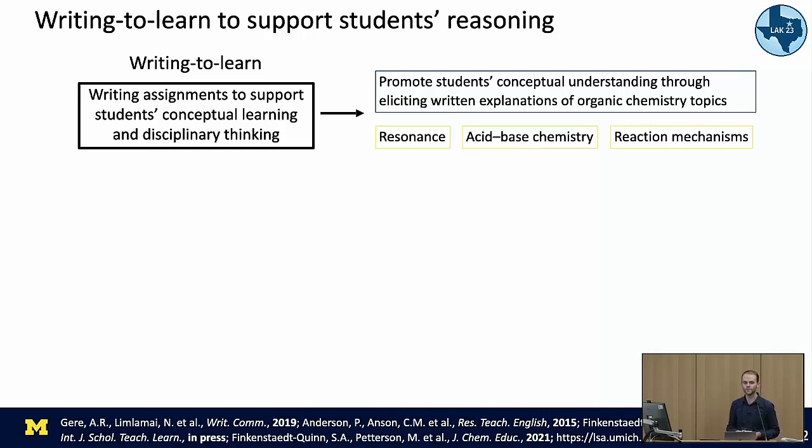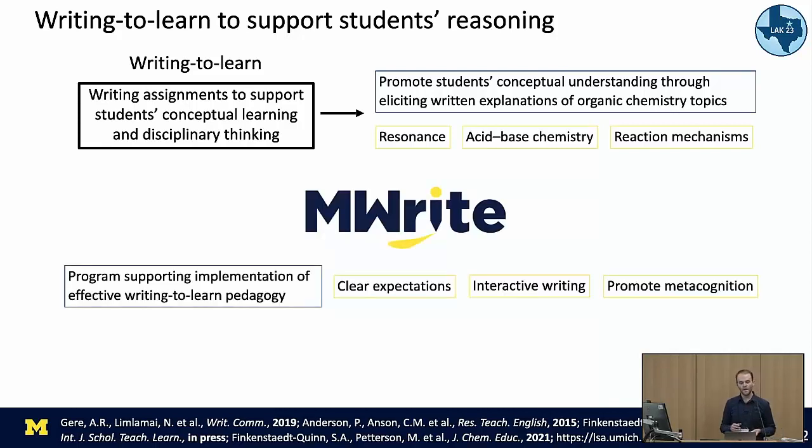But this is part of a much larger program at the University of Michigan called MWrite, which supports the implementation of effective writing to learn pedagogy in STEM courses across the university. Through the MWrite program, instructors can learn how to develop assignments and implement them into their often large enrollment STEM classrooms, and develop assignments that have clear expectations for what students should be including in their writing, include components for interactive writing, typically peer review, and also include features to promote metacognition, often through having students revise their writing.